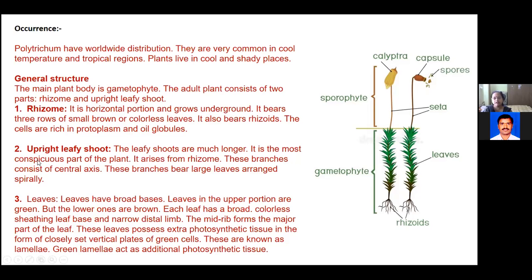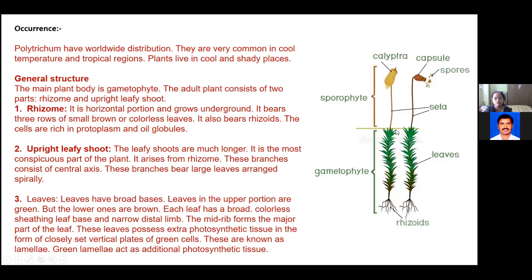Now the next part of this gametophyte is called the leafy shoot area or the stem-like structure, where we can see many leaves arising from this rhizome. It is going to consist of a central axis, a stem.